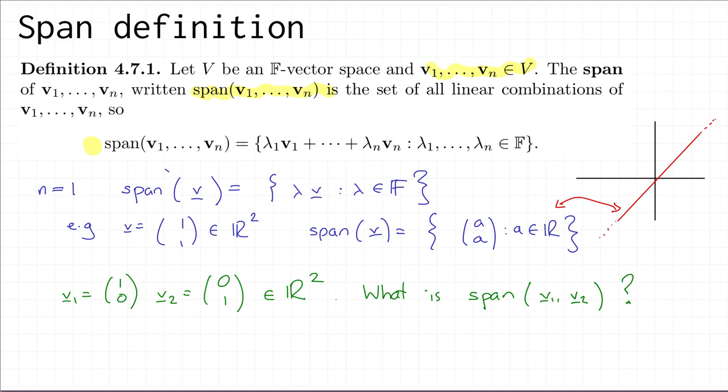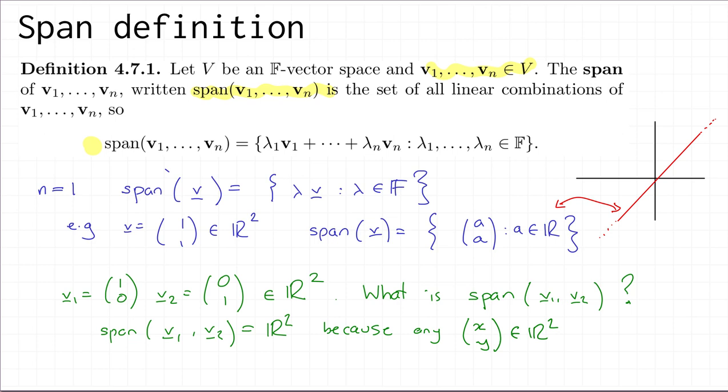Okay, well the answer is that the span is all of R squared. Let's write this in a slightly nicer way. The span of V1 and V2 is all of R squared, because any element (x, y) in R squared can be written like this, and that is equal to a linear combination of V1 and V2.